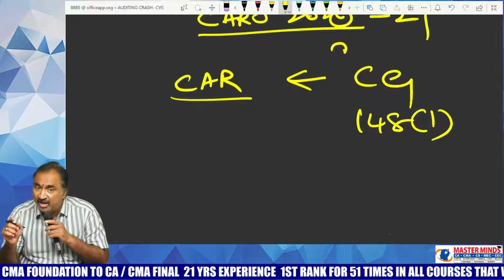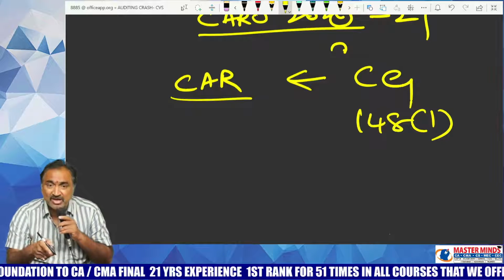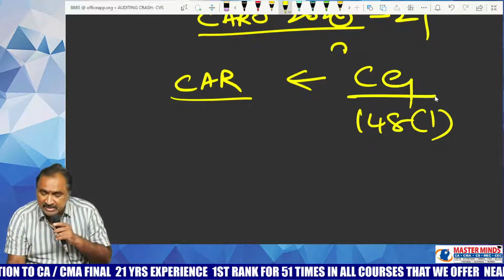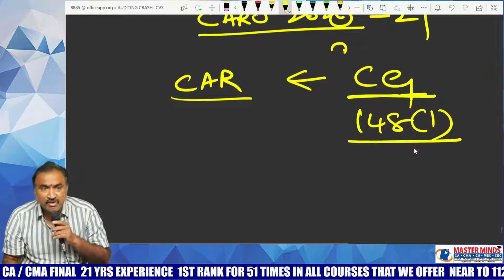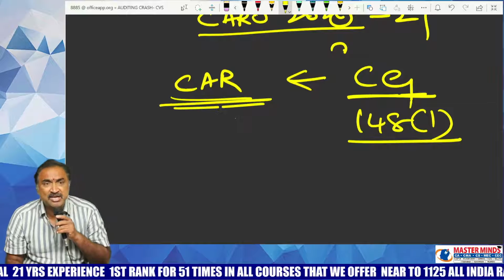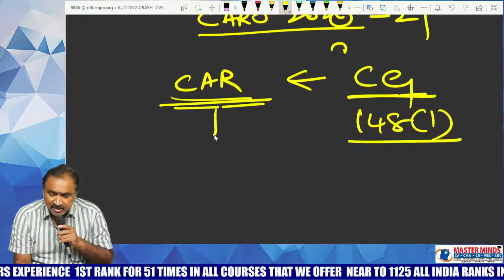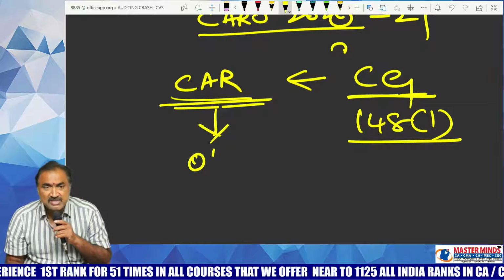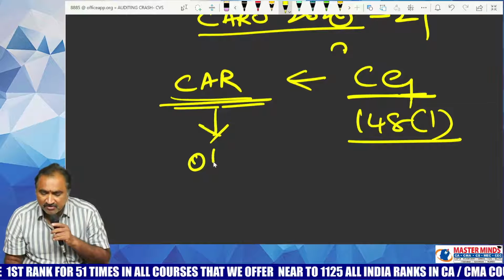So where the company under your audit has been directed by central government under section 148 subsection 1 of the Companies Act to make and maintain cost accounting records, it becomes an obligation on the part of the company.